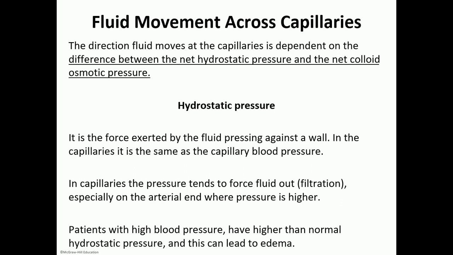The other pressure is osmotic pressure, and that pressure pulls things back into the capillary. So these two pressures work against each other. We'll take them one at a time.